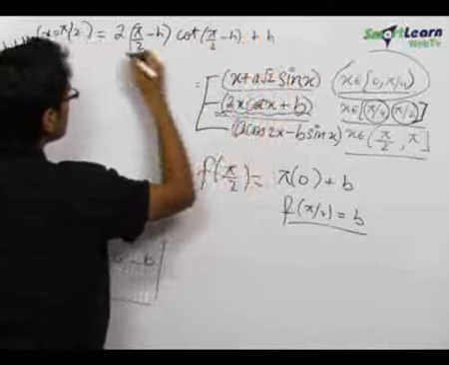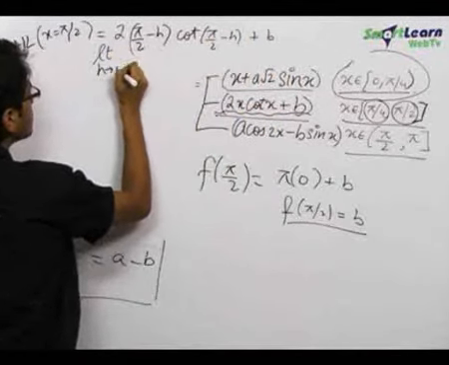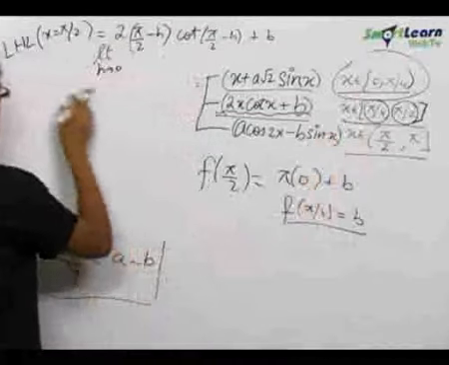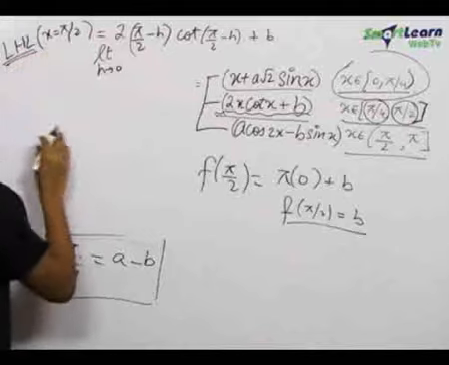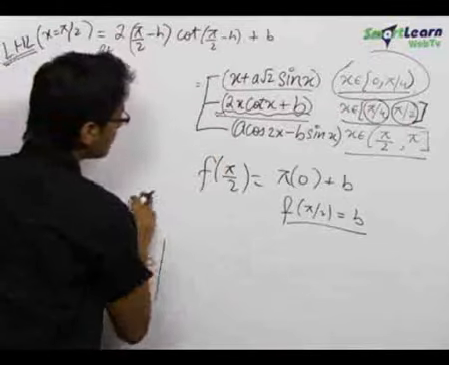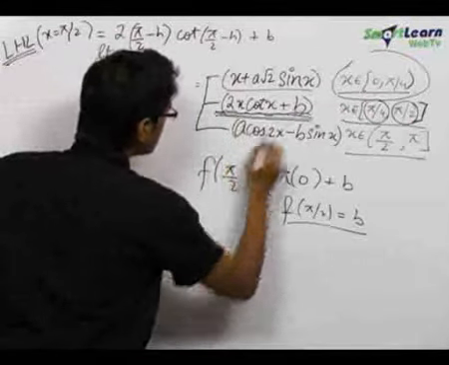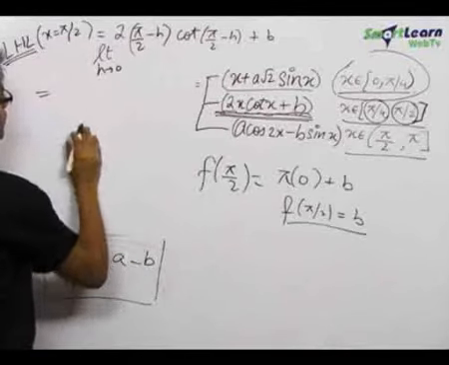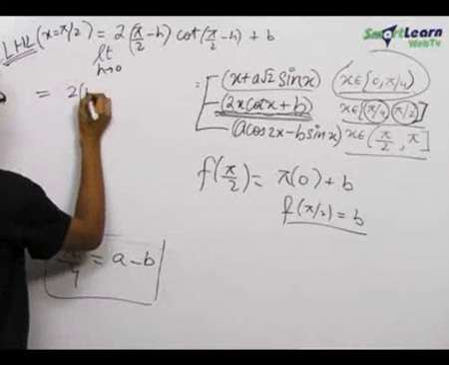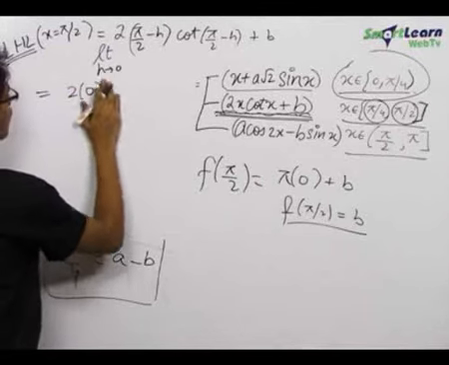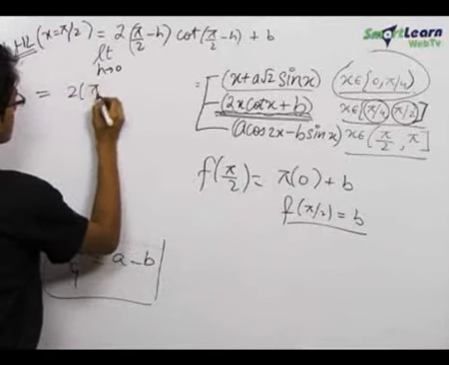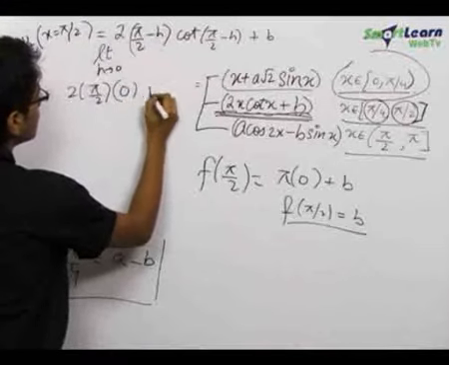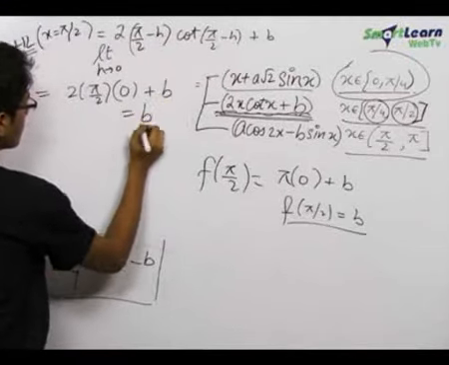Since this was the interval of pi by 2 minus, we obtain the value of the left hand limit at x equals pi by 2 by putting x equals pi by 2 minus h in this value of the function. On putting h equals 0, we get 2 into pi by 2 into cot of pi by 2, which is 0, plus b, which is equal to b.